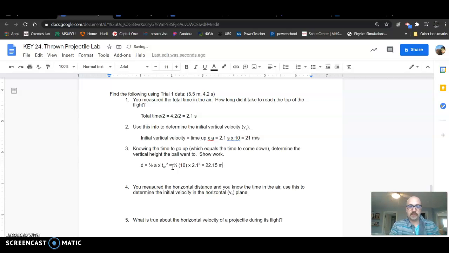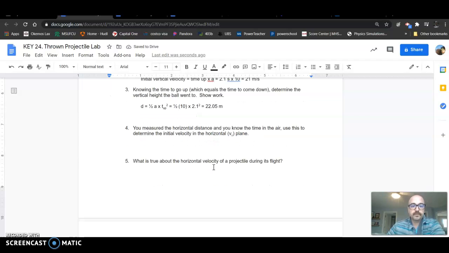I better double check that, right? Oops, this doesn't want to work. How awkward is this, right? Let's see, 2.1, whoops, I cubed it. 2.1 squared times 5, 22.05. Good thing we double checked that, right? That would have been major.